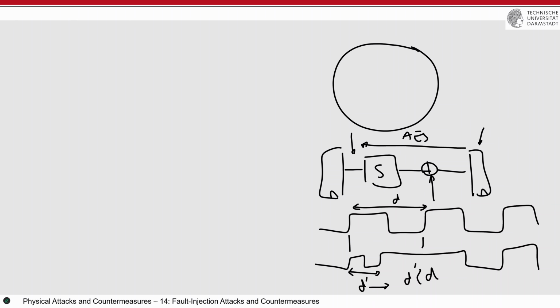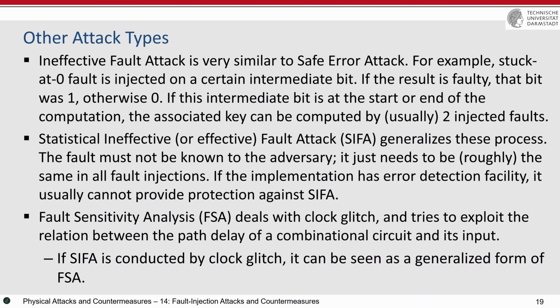I don't explain this fault sensitivity analysis extensively because this is also covered by one of the papers assigned to you. Why I actually explained the fault sensitivity analysis for you, because if SIFA is conducted by a clock glitch, it can actually be seen as a generalized form of the FSA, because in FSA, original FSA correlation is used similar to CPA. We will see in one of your presentations.